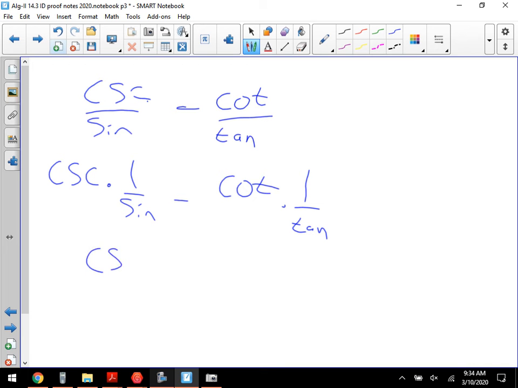So I get cosecant squared. 1 over tangent is cotangent. I get cotangent squared. Well, cotangent and cosecants, when they're squared, it's a Pythagorean identity. So I look at my Pythagorean identities and remember it. Cotangent squared plus 1 is cosecant squared. So if I move the cotangent squared over, I get cosecant squared minus cotangent squared. Again, otherwise known as 1.